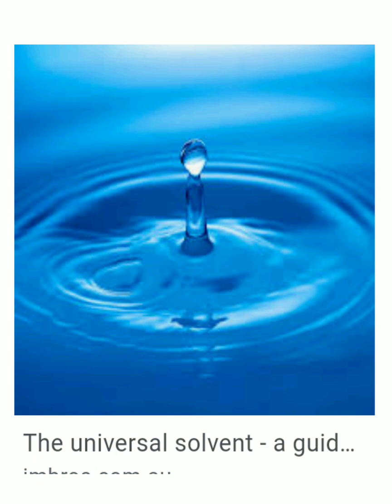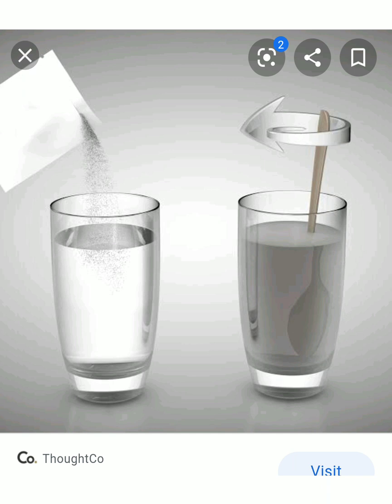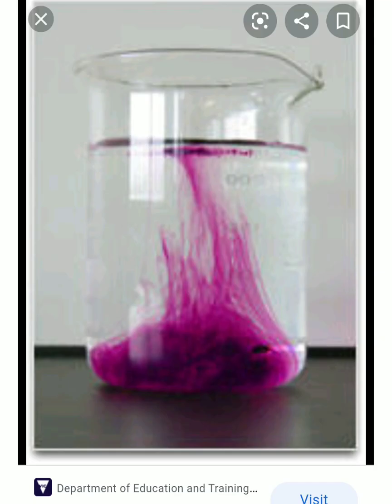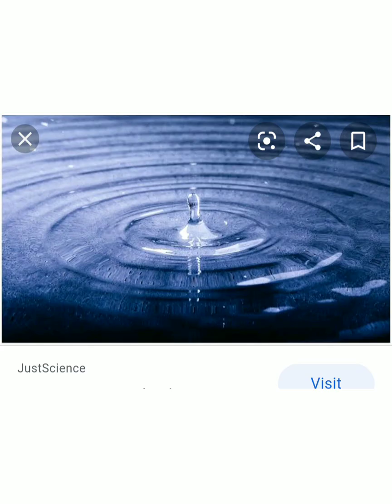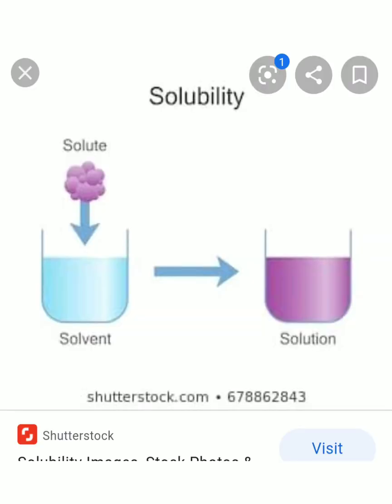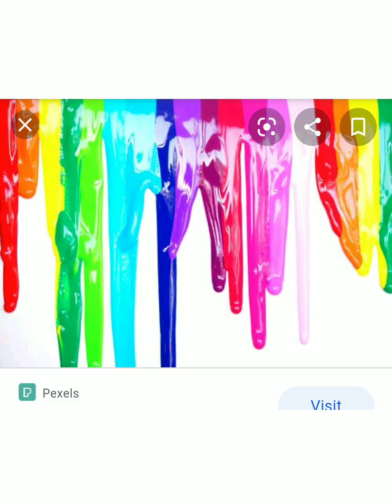So water is called a universal solvent. This property of water helps us in many ways. Am I right? But there are substances that will not dissolve in water. You know some of them. Try to remember them.